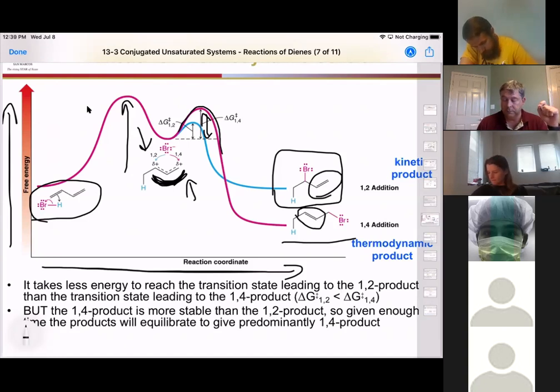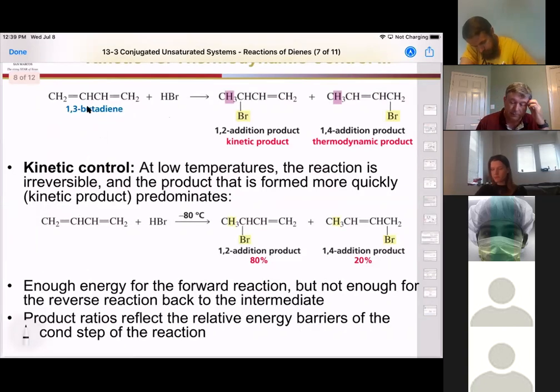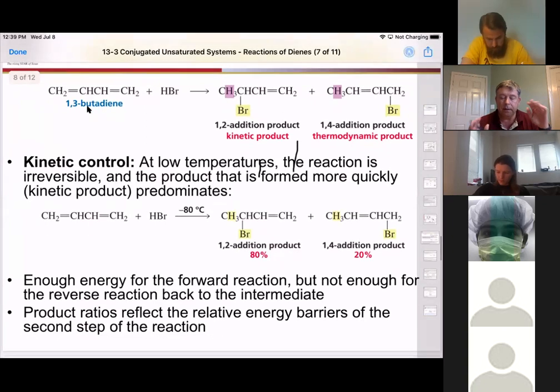So let's talk about that in a different way. If we want kinetic control of the reaction, the way we do that is we force it to go to that 1,2 product, and to force it to go to the 1,2 product, we typically lower the temperature.